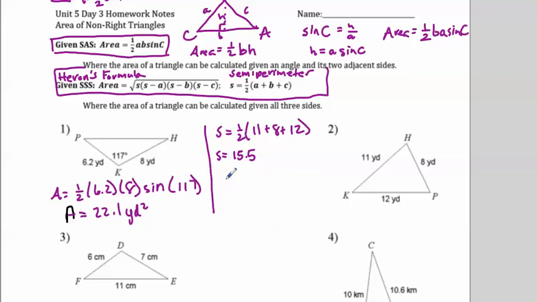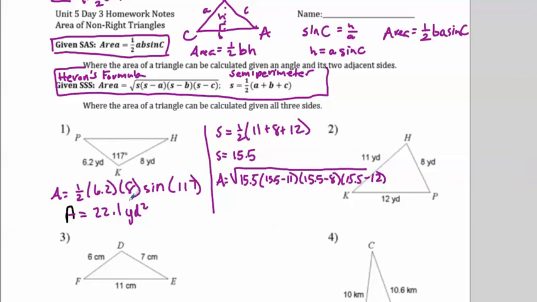And then my area is going to be the square root of S, 15.5, times 15.5 minus a. So you can call any of these a, it doesn't matter. So 15.5 minus 11, 15.5 minus 8, 15.5 minus 12.